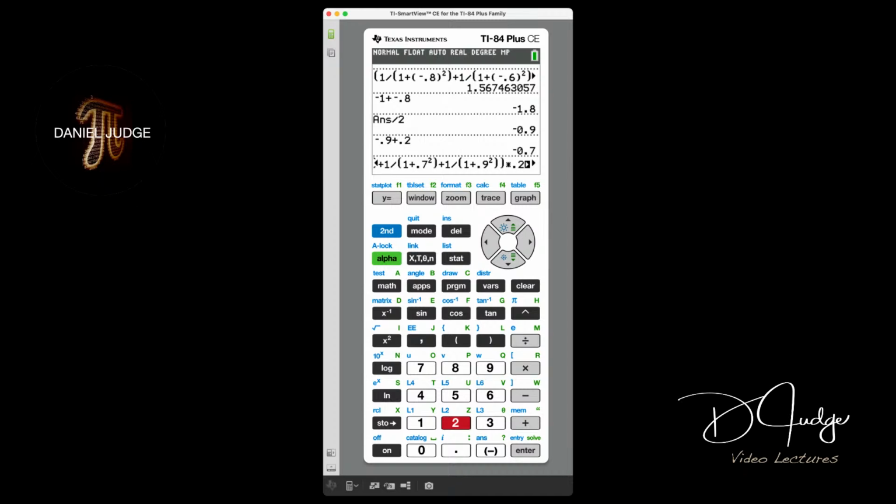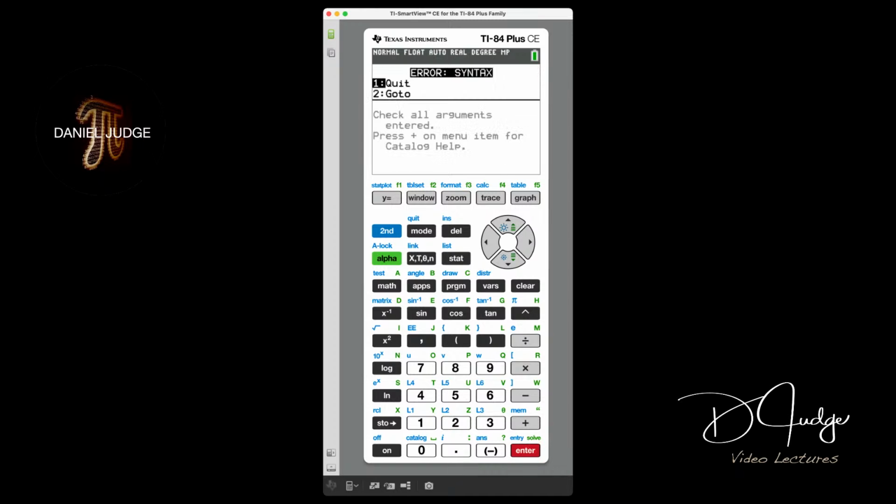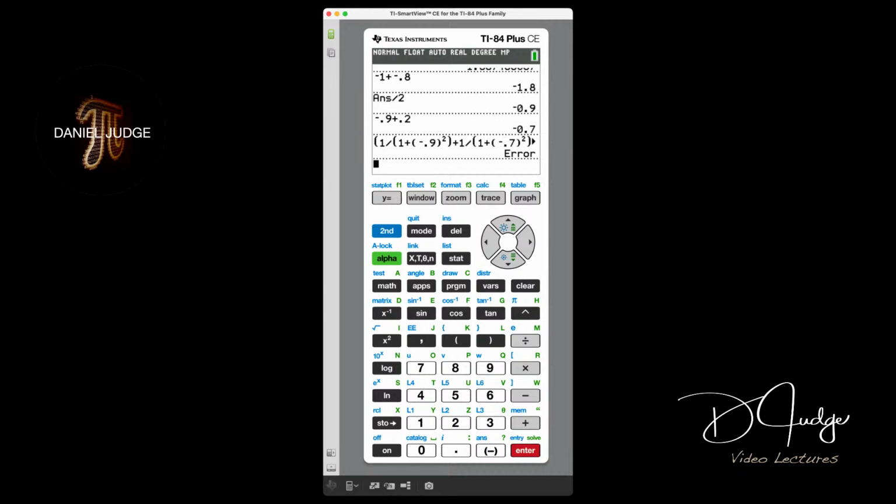So, we can check what we're doing along the way to make sure we do everything correct. And hopefully we did. And it looks like we have a syntax error. Error. Let's go back and take a look.